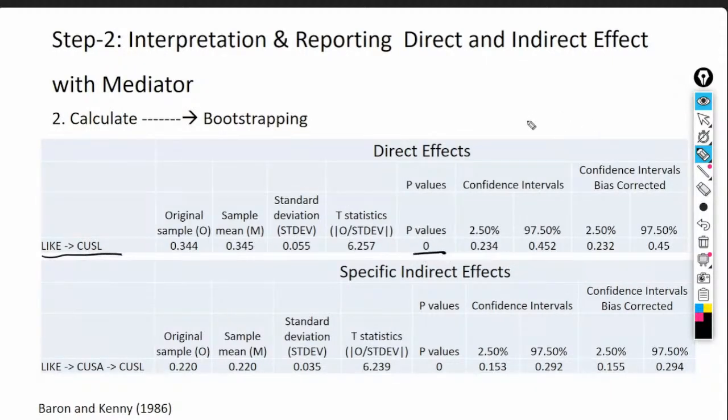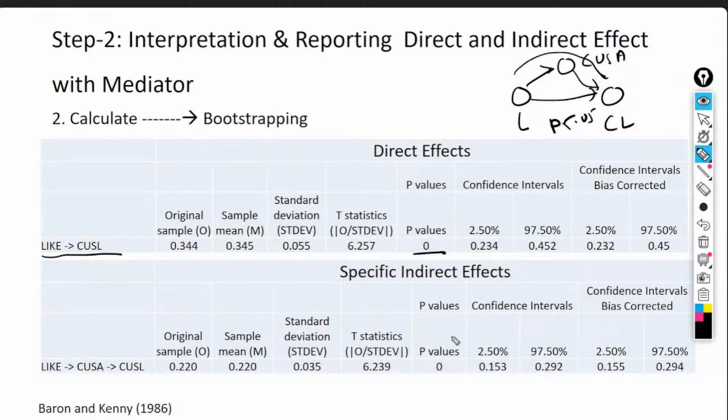It means the relationship between likability and customer loyalty is significant, with p value less than 0.05, and the indirect effect through the mediating variable CUSA is still significant. It is a prerequisite. So when the indirect effect is significant and the direct effect is significant, it's a partial mediation.